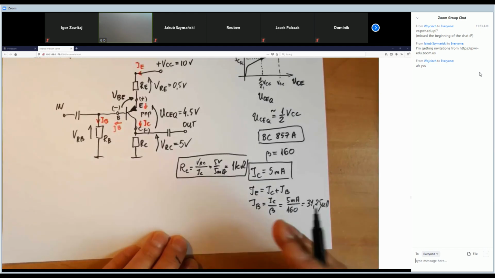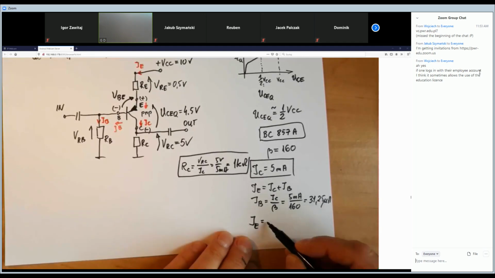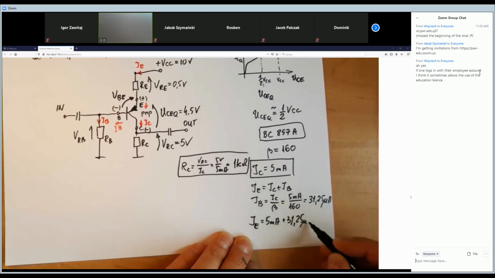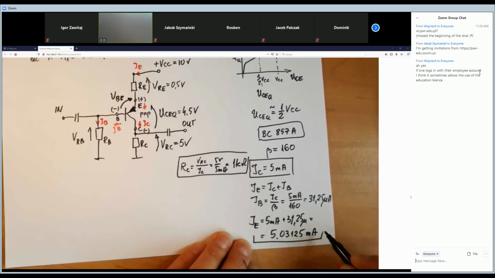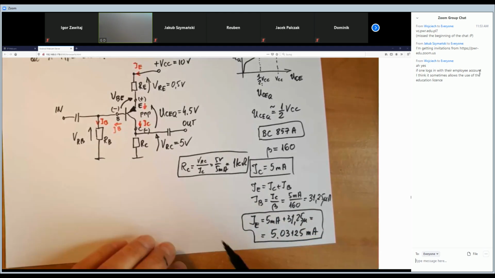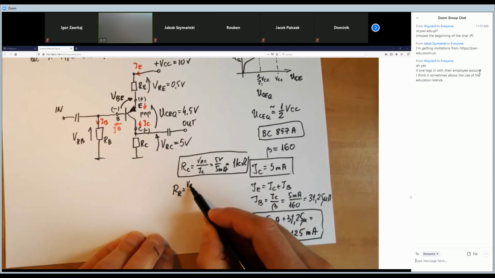Great. So the current IE is equal to 5 milliamps IC plus 31.25 microamperes IB. So it is equal to 5.03125 milliamps. We've got the emitter current. So RE will be equal to VRE over IE.